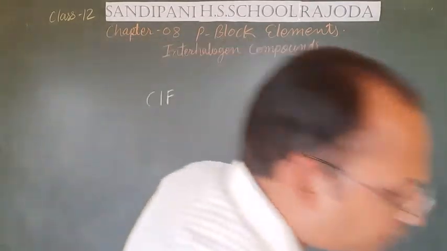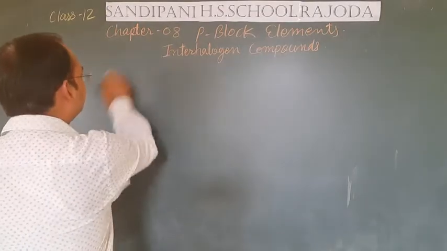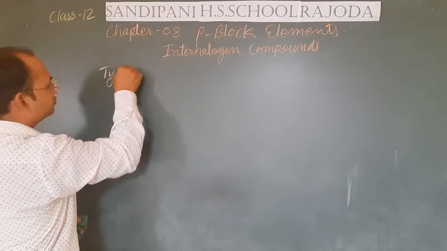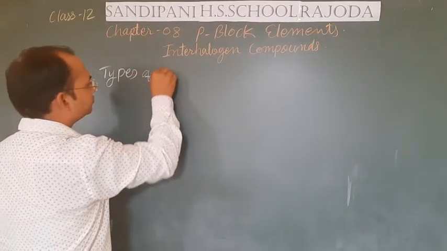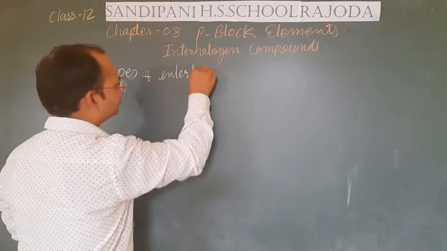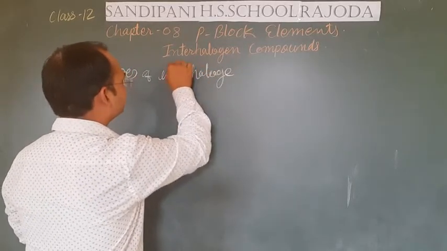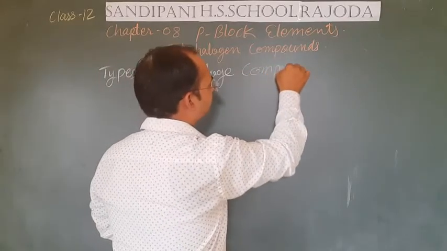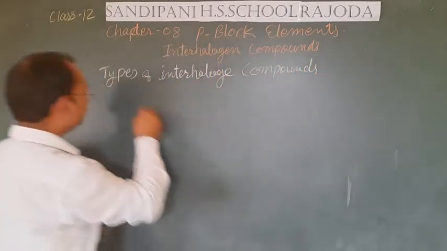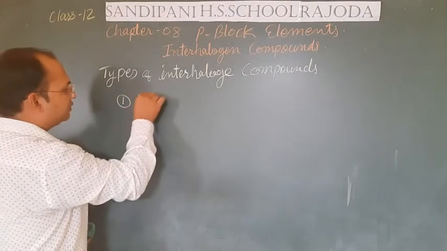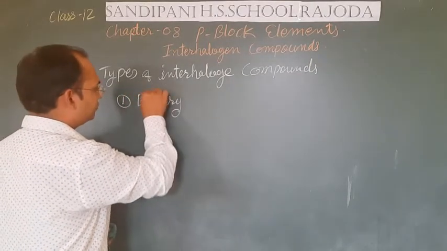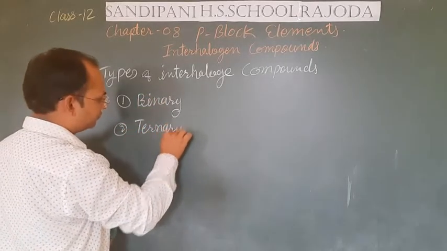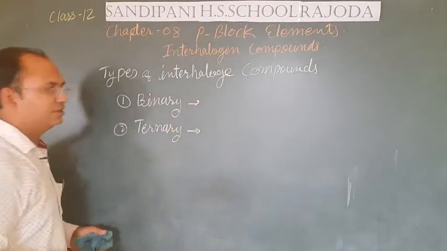So the types of interhalogen compounds are of two types. The first is binary and second is ternary, or we also call it tertiary compounds.